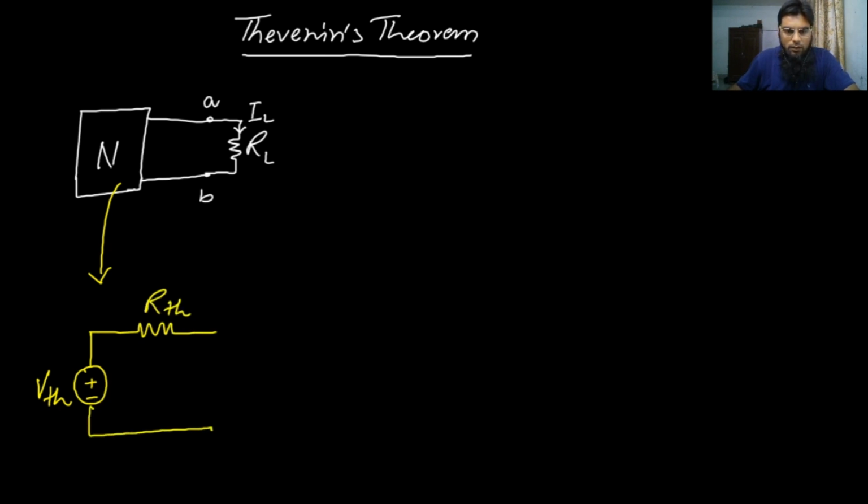where VTH is the open circuit voltage across the terminal AB, and RTH is the equivalent resistance looking into the network from the terminal AB by putting all the independent sources to 0.